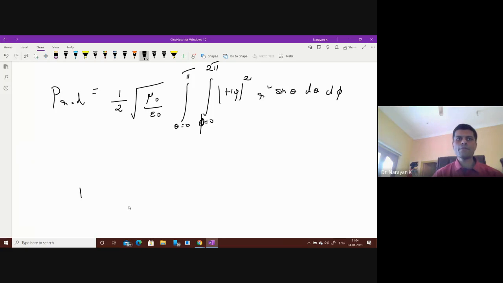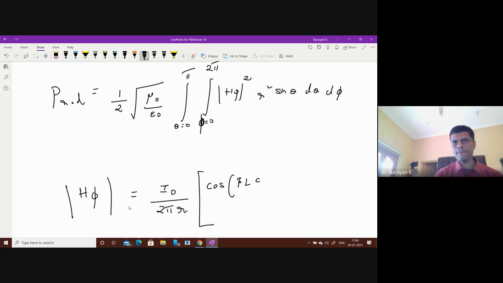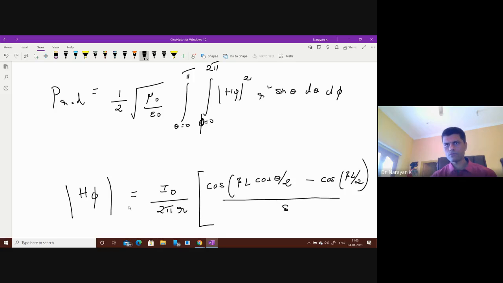For a lambda by 2 dipole, please write down this value of H phi. I don't have time to sit and derive this. So you will get this as I naught divided by 2 pi r, write down very carefully, cos of beta L cos theta by 2 minus cos of beta L by 2, divided by sin theta.